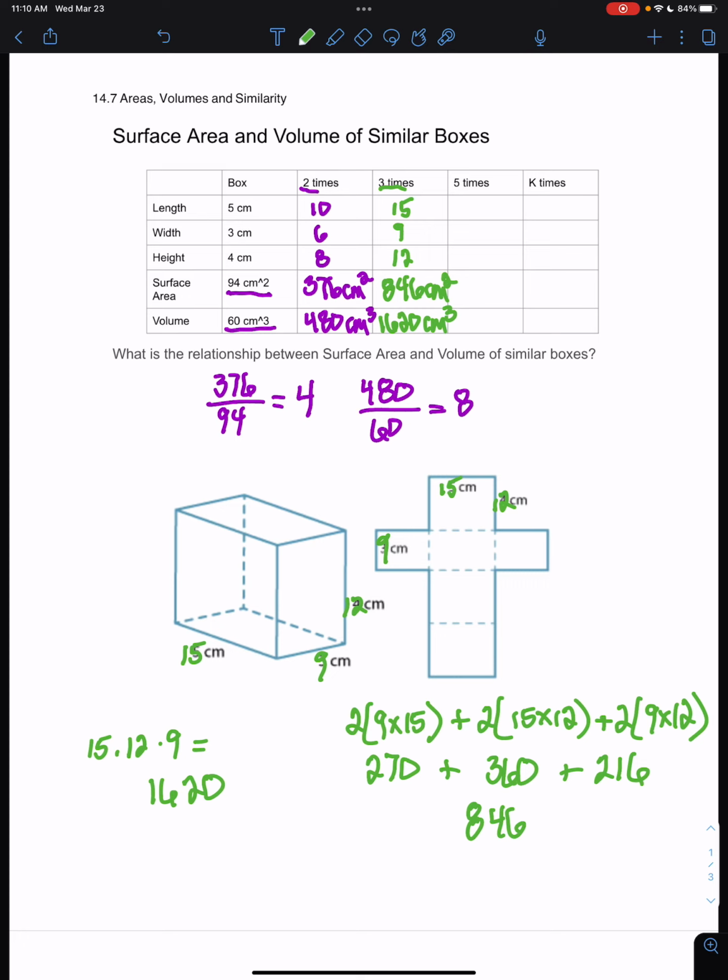So again, we have a lot more than just 3 times 94, right? So let's see what our ratio is here for 846 divided by 94. 846 divided by 94 gives us a ratio of 9. So instead of 3 times, we're doing 9 times. Let's check the volume. 1620 divided by 60.